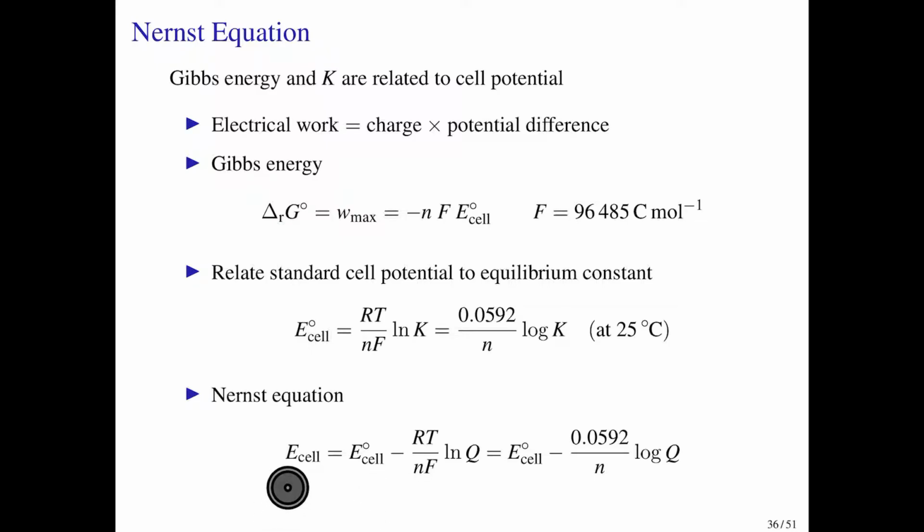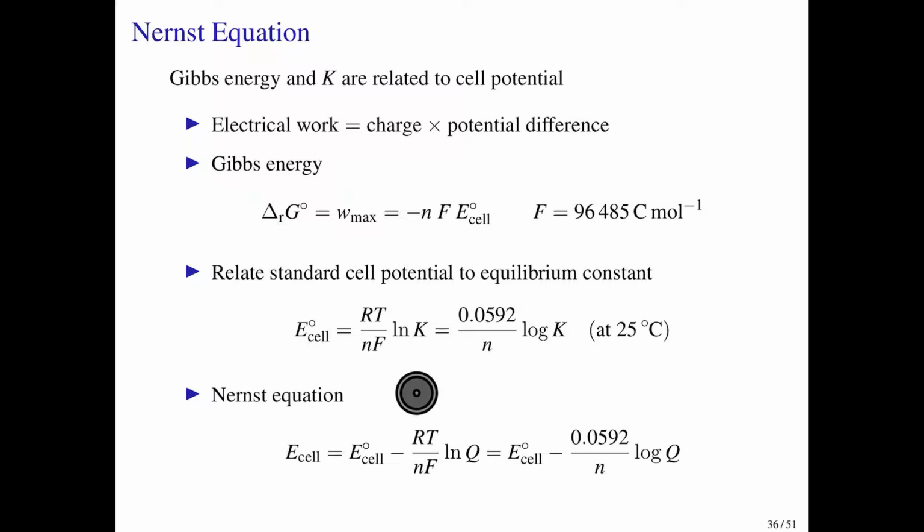The non-standard cell potential, you can calculate at any intermediate point in the reaction, and you would need to know the reaction quotient. Okay, so the non-standard cell potential is expressed in terms of the standard cell potential plus this correction factor involving the natural log of the reaction quotient.